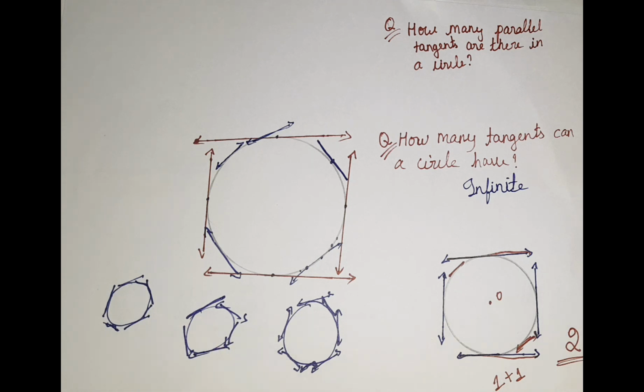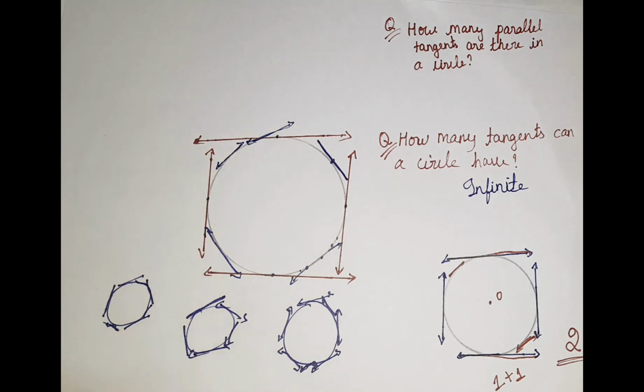In that, 2 pairs are parallel. The rest of the infinite tangents are not having a parallel tangent, because their positions and points may differ. So that's why they don't have a parallel tangent.